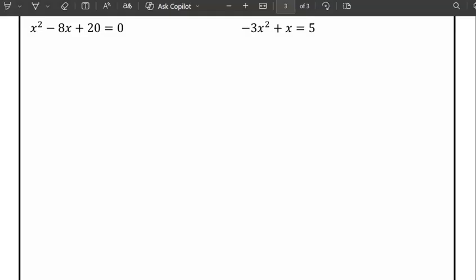Let's look at the next one. X squared minus 8x plus 20 equals 0. Identify a, b, and c. The coefficient of x squared, there's no number there, but there is an x, so there's one of them. The coefficient of b, the middle term, is negative 8, and the constant coefficient is positive 20. Let's plug these into the formula.